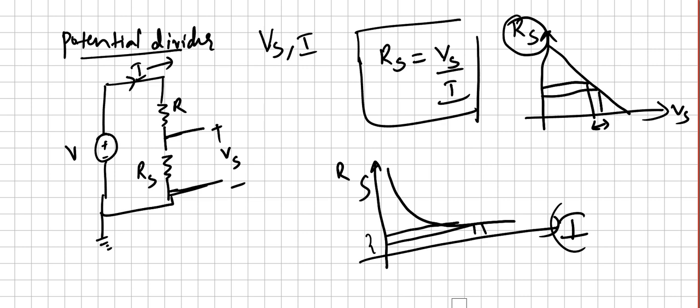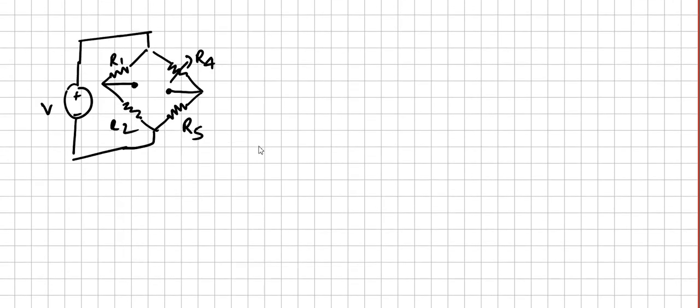But for measuring large values of resistance, if there is a very slight error in the value of current, there will be a relatively large error in the resistance. So the value of resistance Rs is very sensitive to the value of current. To solve this problem, we have the Wheatstone bridge.